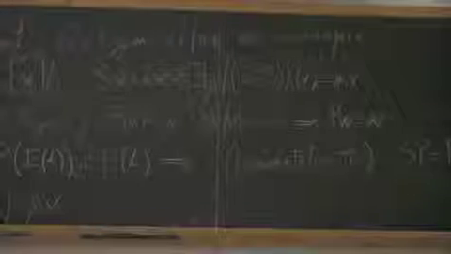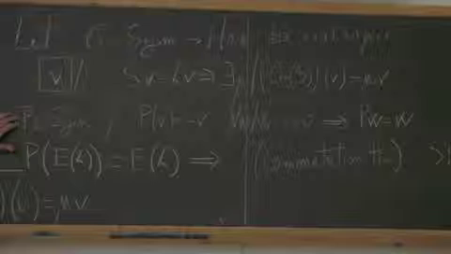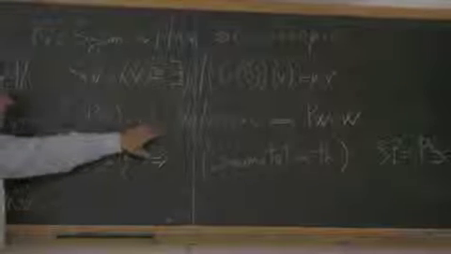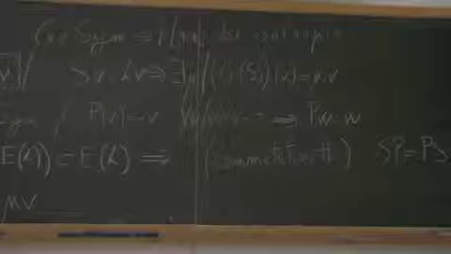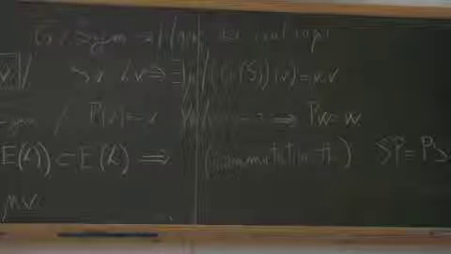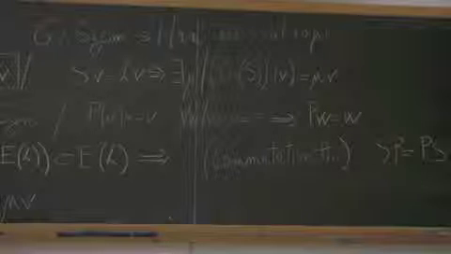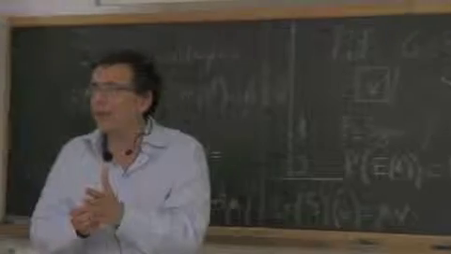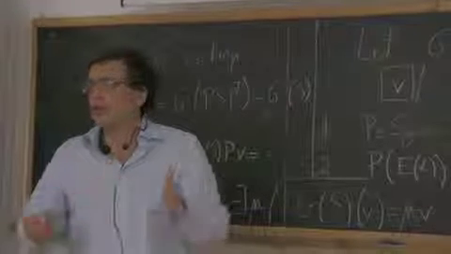Okay? So there is a unique symmetric linear map which we have called P, such that PV is equal minus V, and such that for every W orthogonal to V, PW equal W. So this is something which you have met 1,000 times. Okay, it is the reflection with respect to a plane, the plane orthogonal to V.